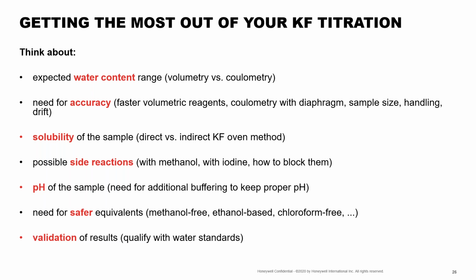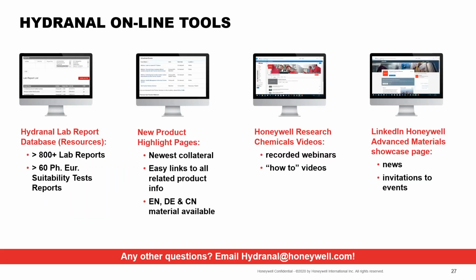And we also learned about the importance of pH and that the Karl Fischer reaction takes place between pHs 5 and 7.5. And so we may need to buffer to keep the proper pH for certain samples. We learned about how to keep our labs a little bit safer, some options that we have there, and then just barely dipped our toe into how we can validate those results using water standards to qualify them.